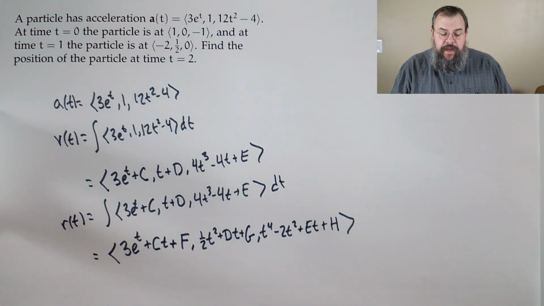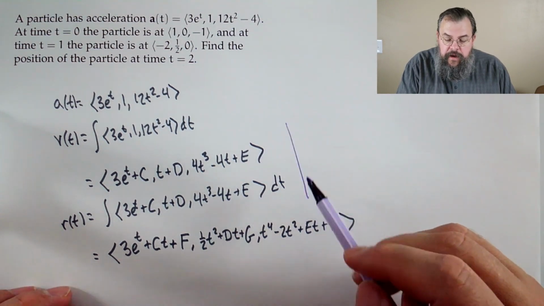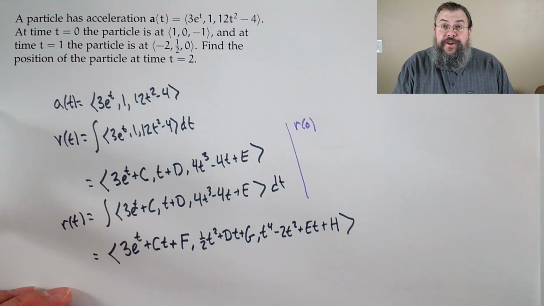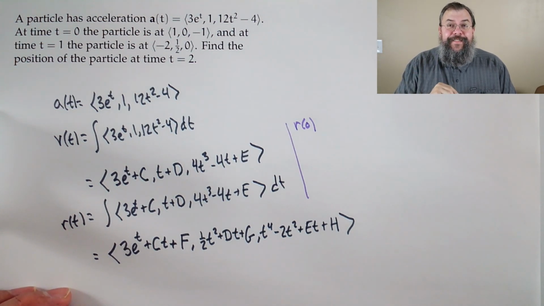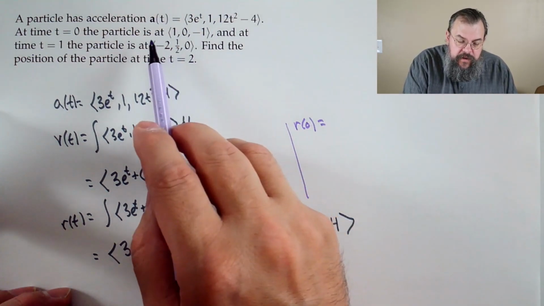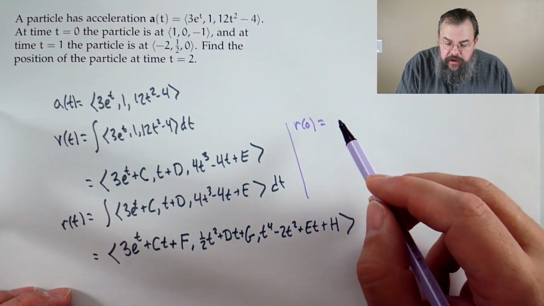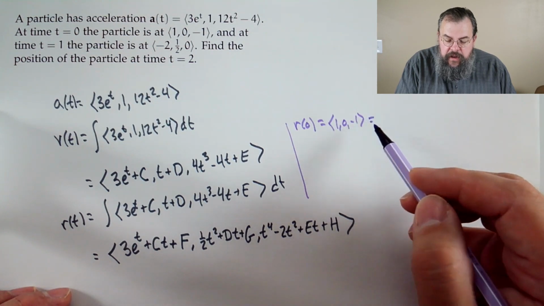So let's use what we have at time 0. So we have our position at time 0. I had all the right words, just in a slightly different order. Okay, it will be what? According to this, it's at (1, 0, −1).